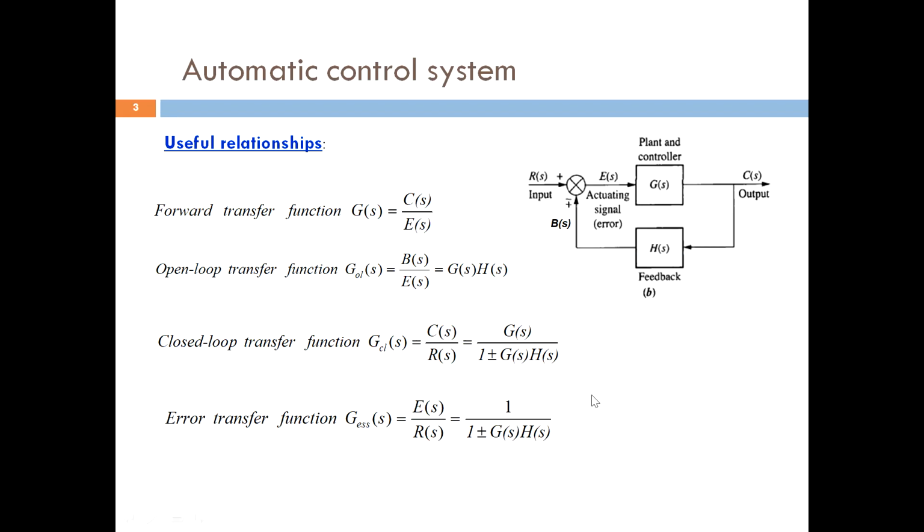So for example, the closed loop transfer function relates the output variable C to the input variable R when the feedback is taken into account.